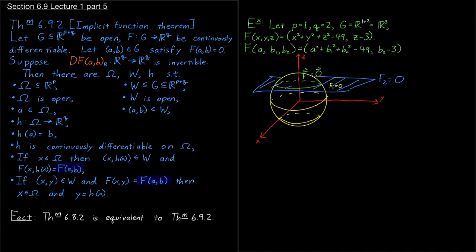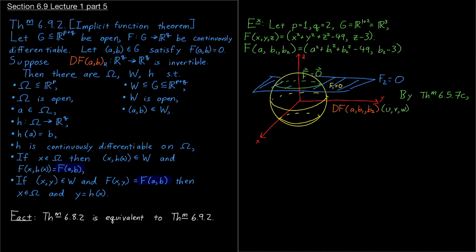And then we remember, if we've got a continuously differentiable function, which this is, with continuous partial derivatives, we have by theorem 6.5.7c that df of a, b1, b2 is a linear operator, so let's write what the input is.